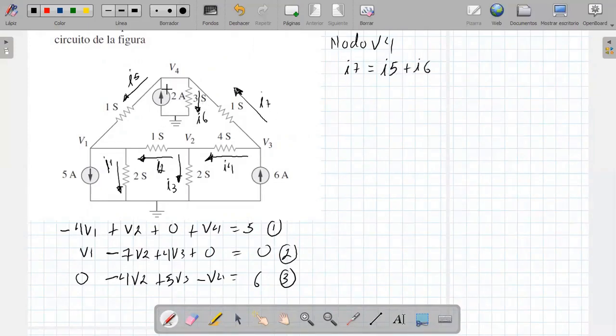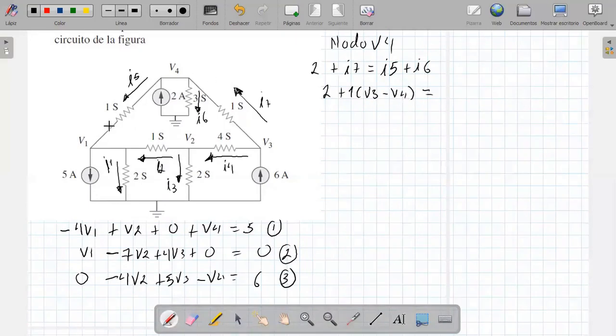Let's not forget that at that node the 2 amps also come in here. The current 7 is 1 times V3 minus V4.